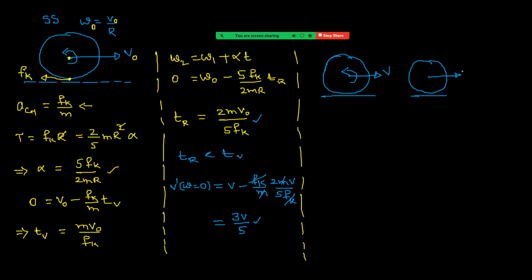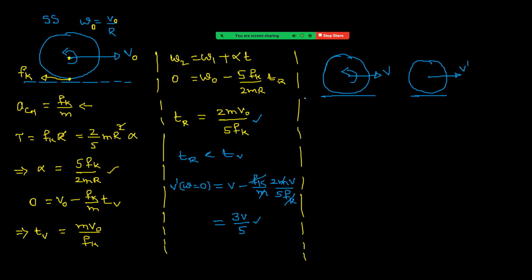Now we want to use conservation of angular momentum. Let us assume this line as the x-axis. We can take about any point on the x-axis, as we did in previous problems, because about any point on this line, the net torque on the body is 0.